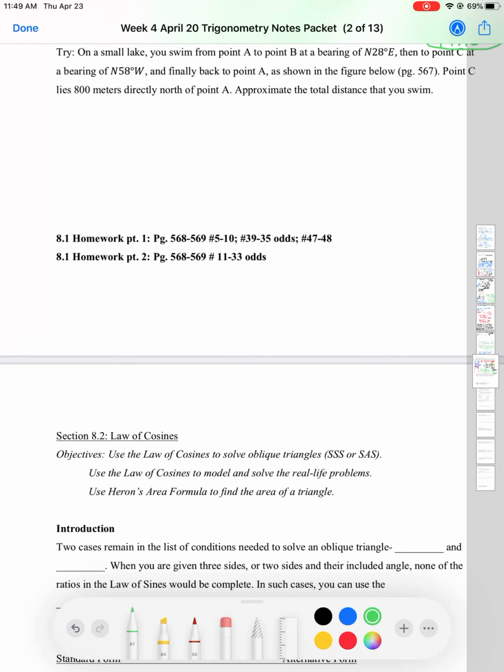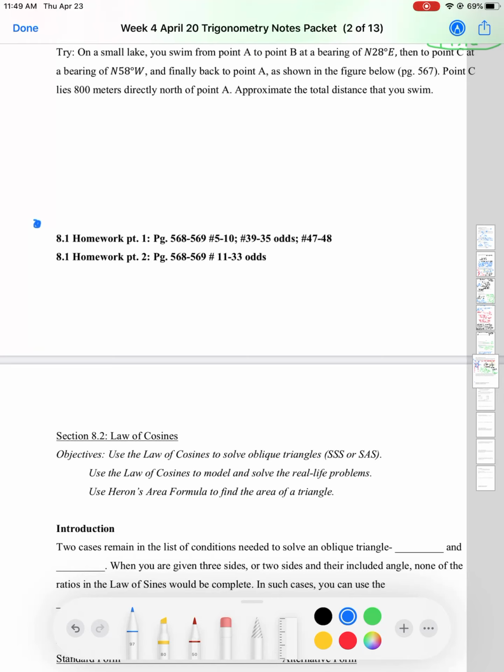There's also a picture for the try, but I encourage you to try to draw it yourself just because it's always good to try to draw a diagram. On a small lake, you swim from point A to point B at a bearing of northeast. So you're going northeast.